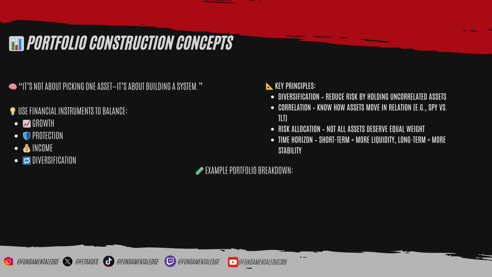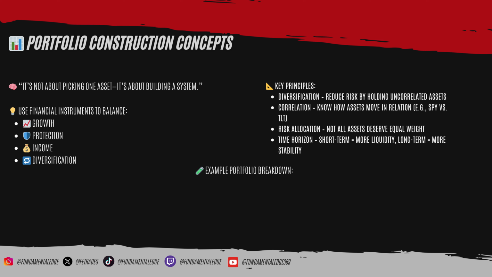Now let's talk application. Financial instruments don't exist in a vacuum. They're pieces of a bigger system. Your portfolio should reflect a balance of four key objectives. We have growth, or capital appreciation over time; protection, aimed at hedging against market risks; income, for steady cash flow; and diversification, to reduce exposure to any single outcome.